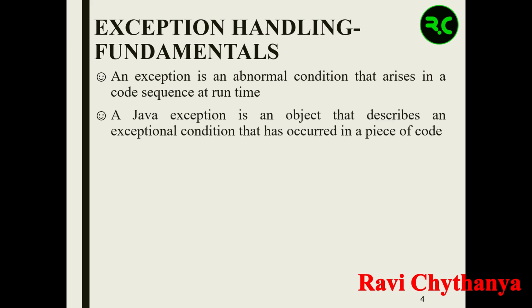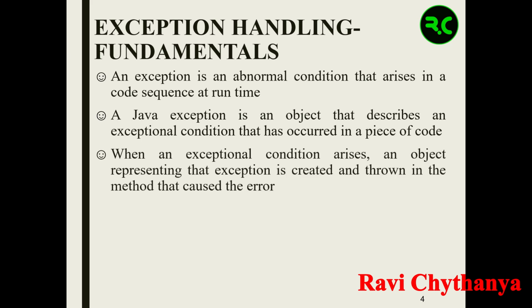A Java exception is an object that describes an exceptional condition that has occurred in a piece of code. And when an exceptional condition arises, an object representing that exception is created and thrown in the method that caused the error.